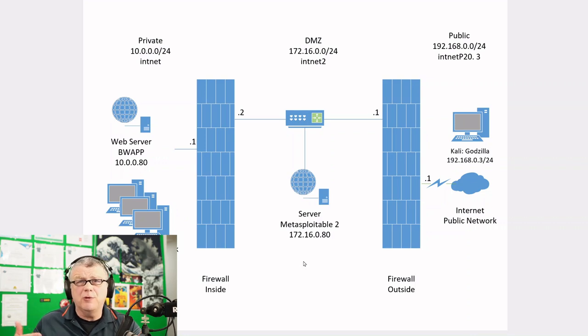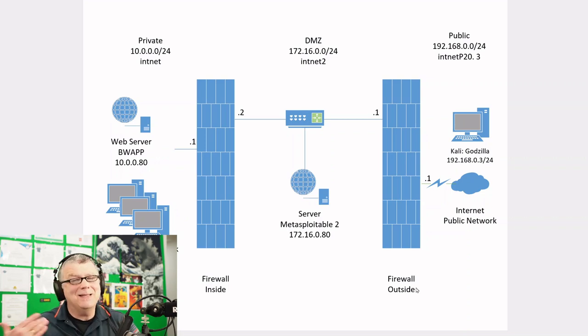Metasploitable, for those who do not remember it or may not be familiar with it, is a weak server with a lot of exploits. I'm not using it for that. I'm not trying to exploit Metasploitable. I'm using it just as a server that has a bunch of open ports. I'm going to be focusing on this outside firewall. You're not going to see a lot of spectacular things; let me keep stressing that.